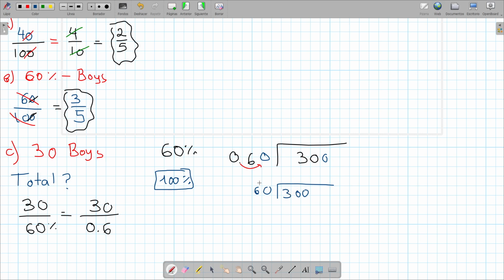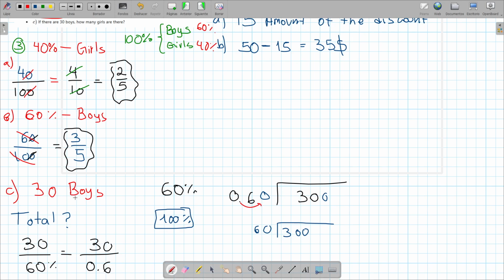Can we do this division? Of course. Let's find a number. 60 times something that gives me 300. Well, 30, we have 30 boys. Yeah. There are 30 boys.